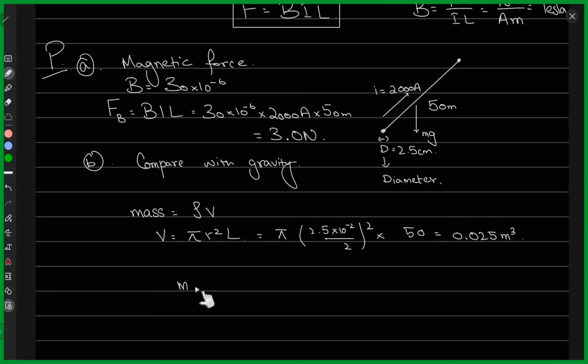We can substitute it back into this equation. For copper, the density is about 8,900 kilograms per meter cube, and the volume is 0.025 meters cube.